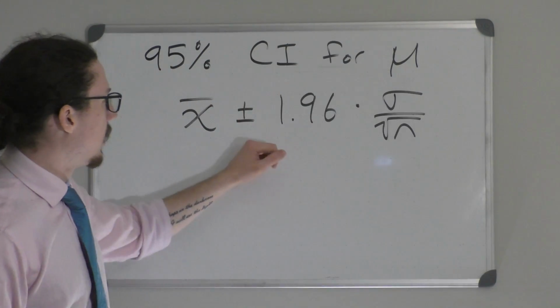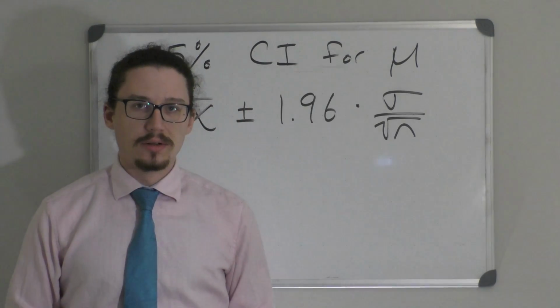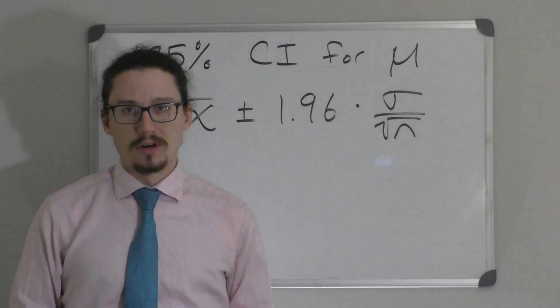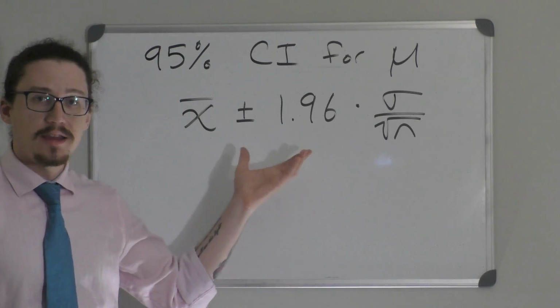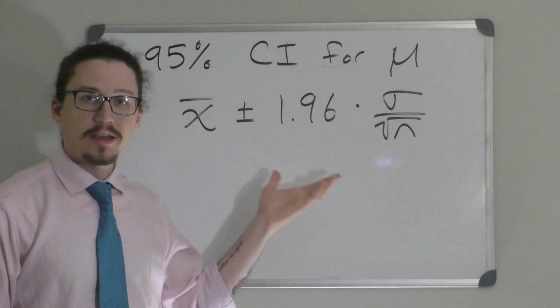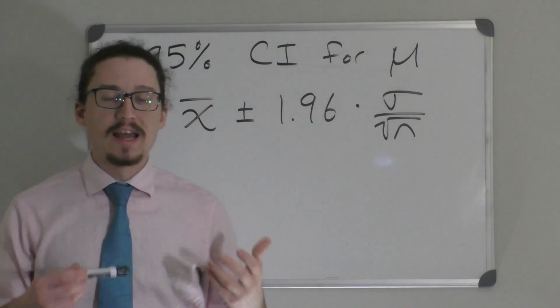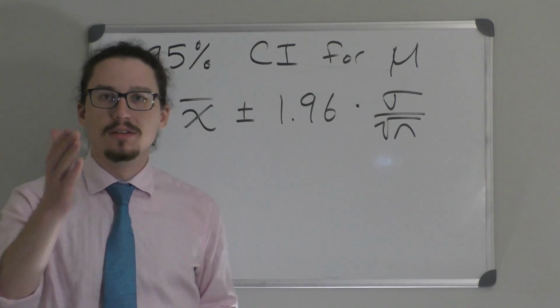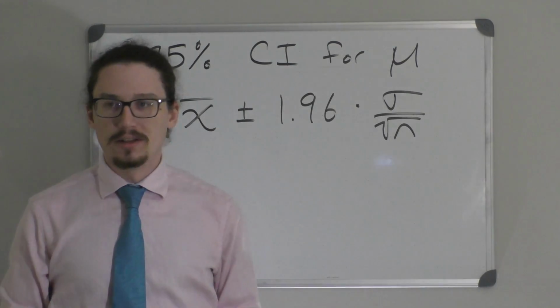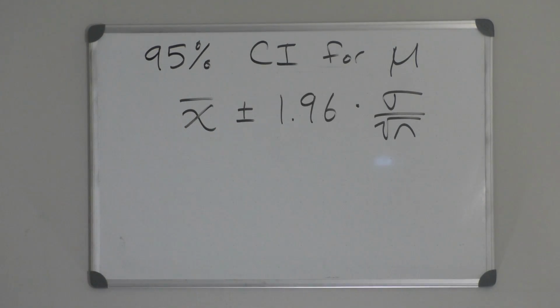There's no point to it when you're going to get the same answer either way. But that is our 95% confidence interval. Again, we can interpret this: a confidence interval made using this formula has a probability of 0.95 of having the population mean fall in that interval.